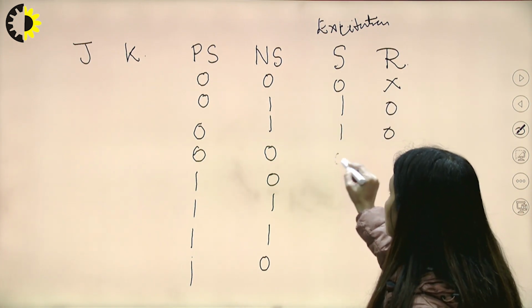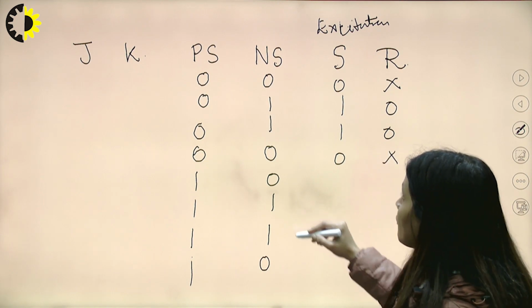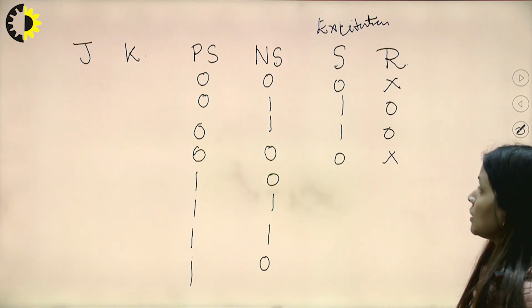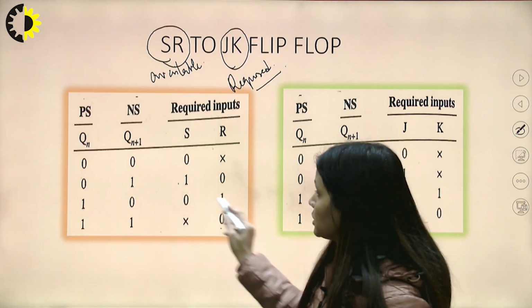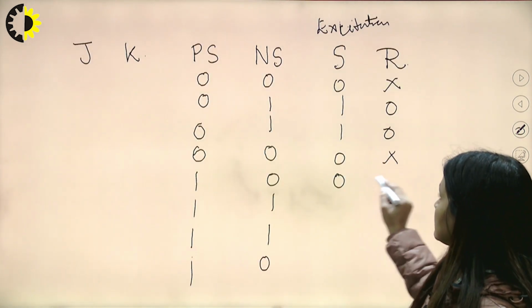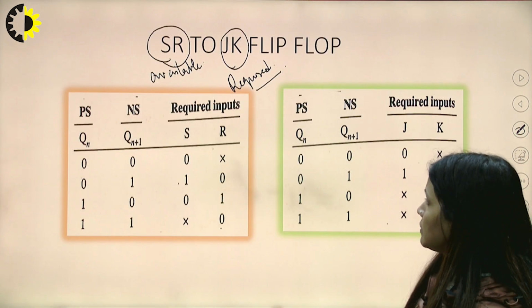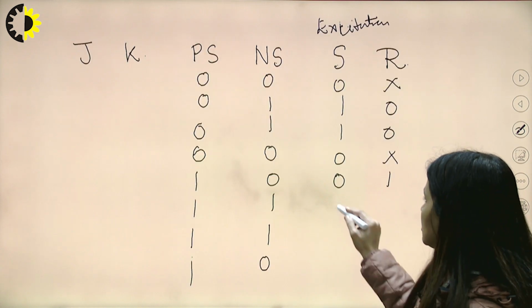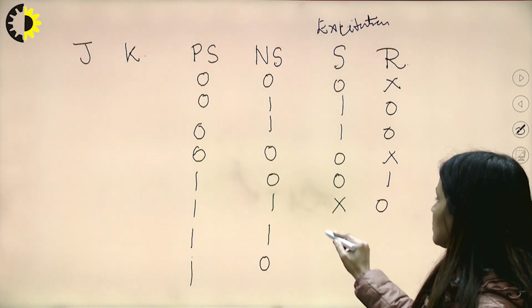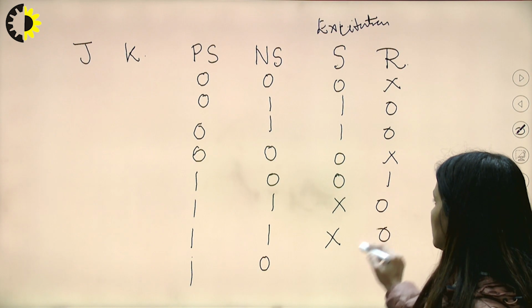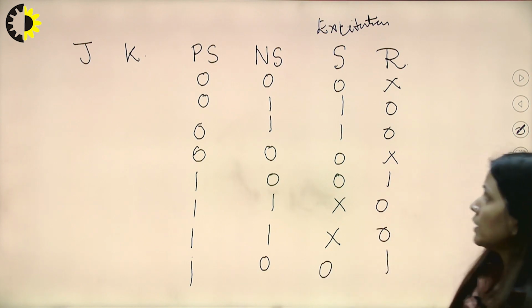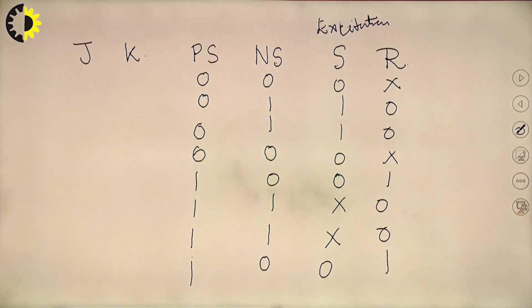For 0 0, it is again 0 cross. For 1 0, it is 0 1. For 1 1, it is cross 0, cross 0. Right. So this part is complete.